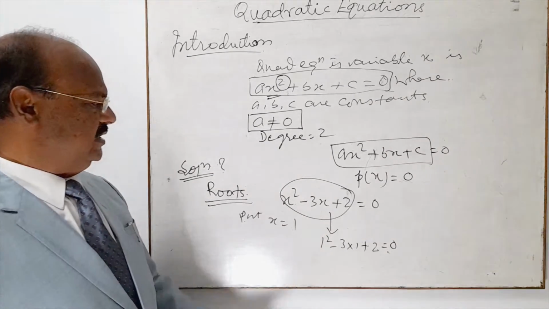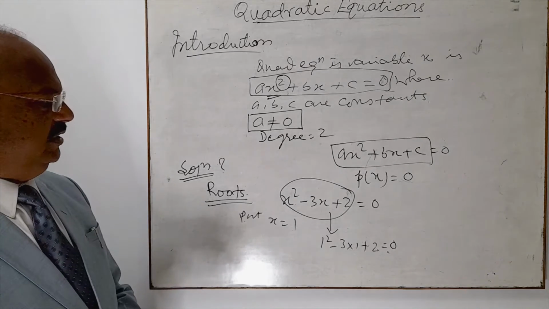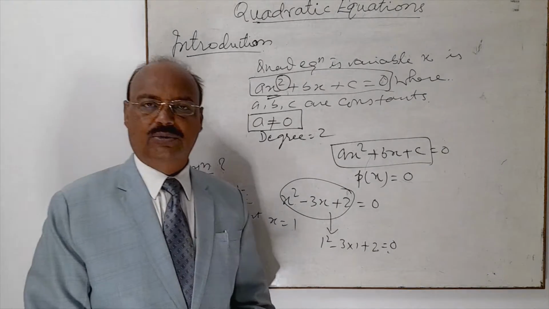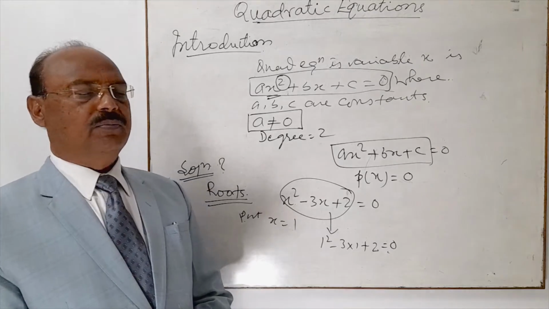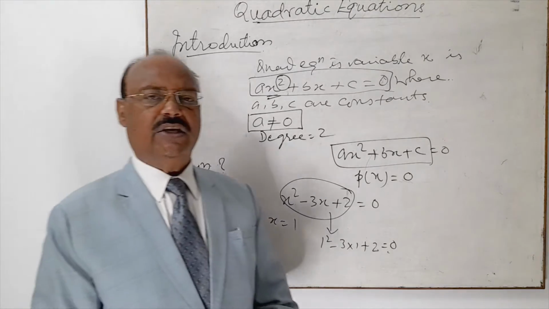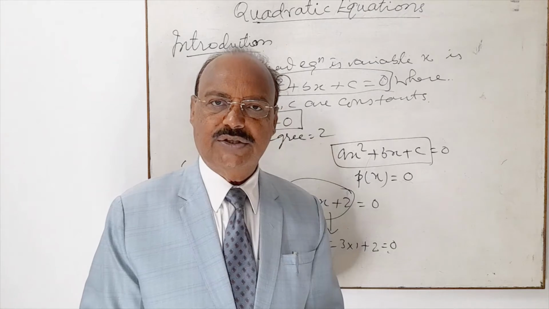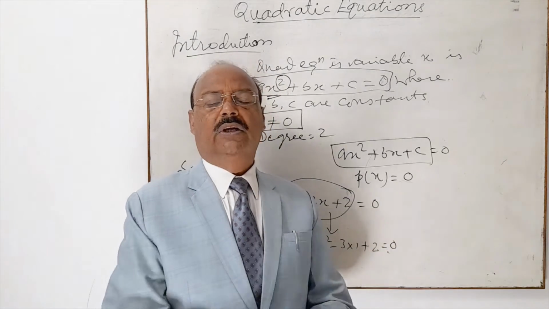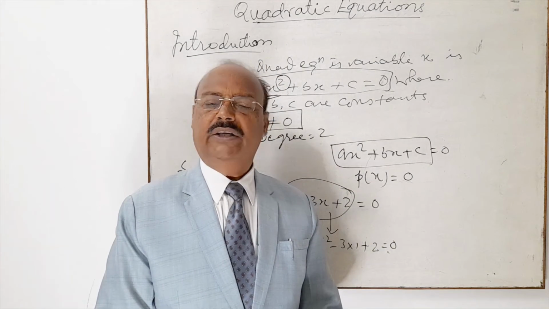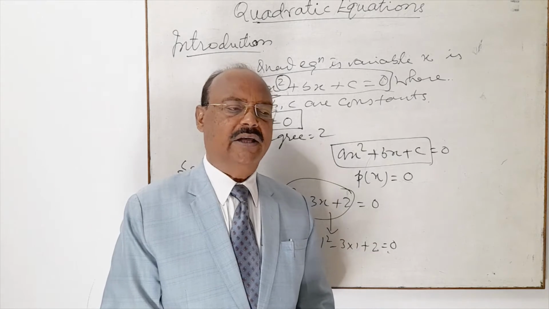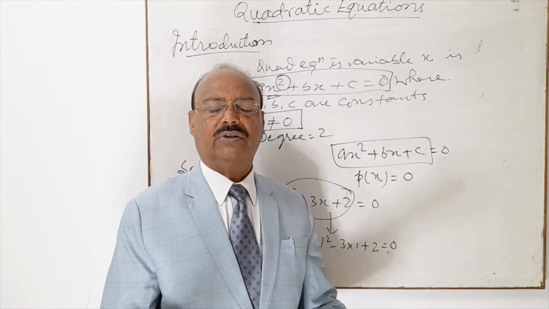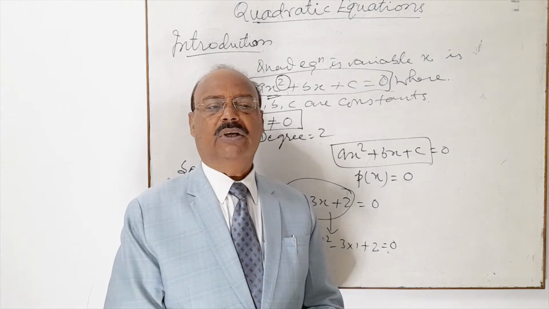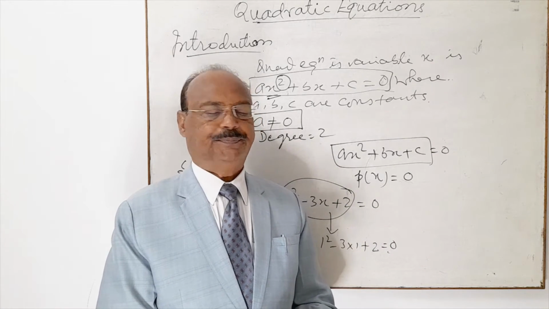In some cases, you will find that there are two values of x in a quadratic equation. So a quadratic equation will have a maximum of two roots, but sometimes both of the roots are equal, and in that case there will be only one value of x, only one solution, or you can say only one root of the quadratic equation.